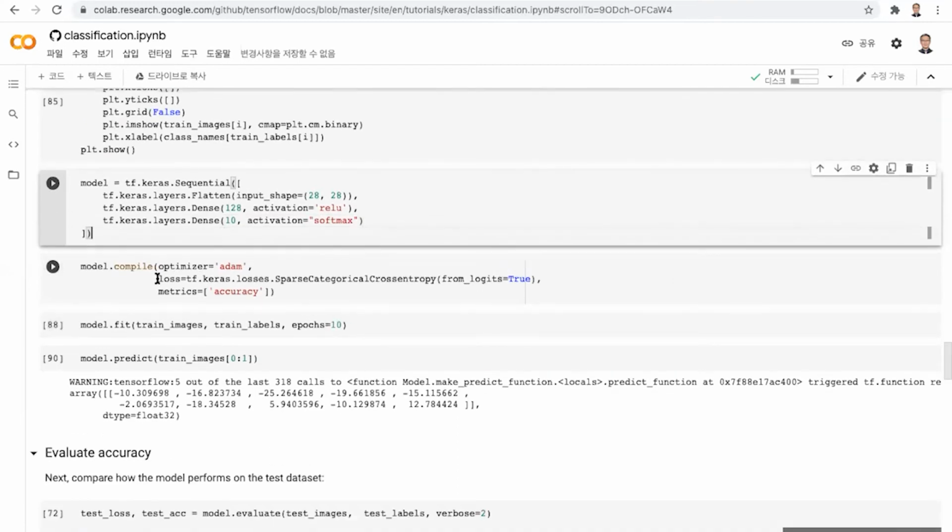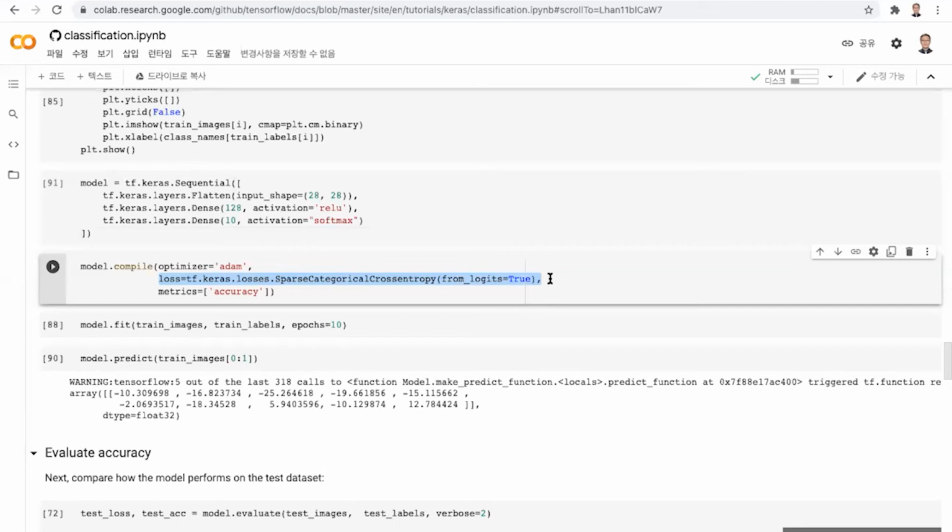Then I can replace this loss function so that from_logits is false. I did not tell you what it means yet, but just make two changes.